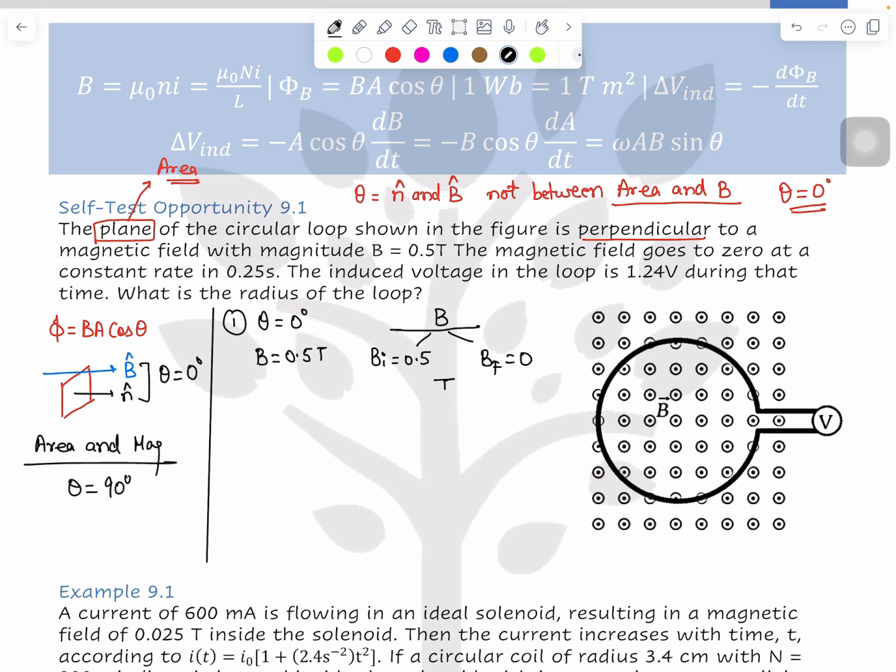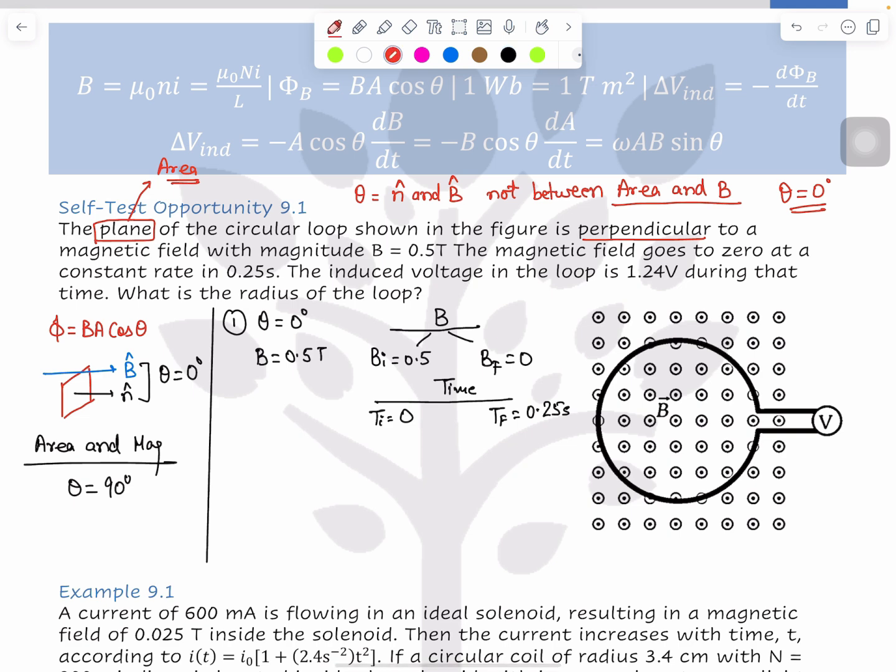Similarly, for time, he said it takes 0.25 second. Let's say it starts from 0 second, t initial is 0 and t final is 0.25 second. Yes or no? Understand? Okay.